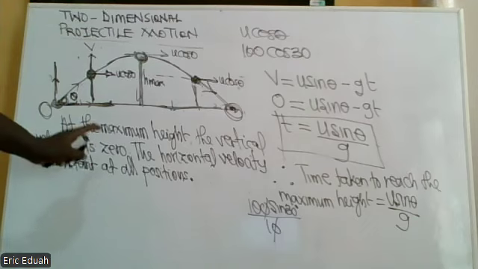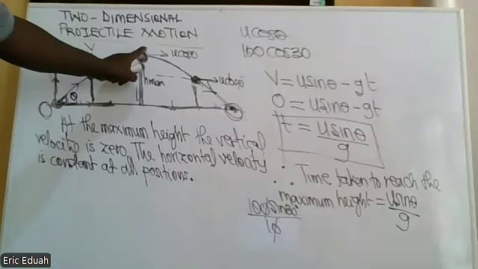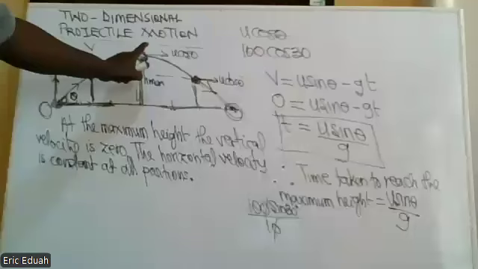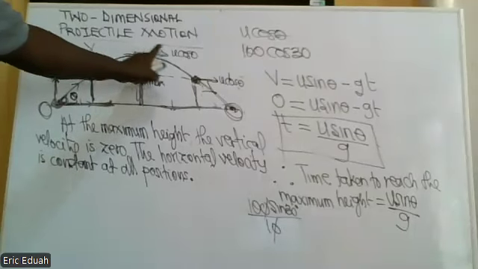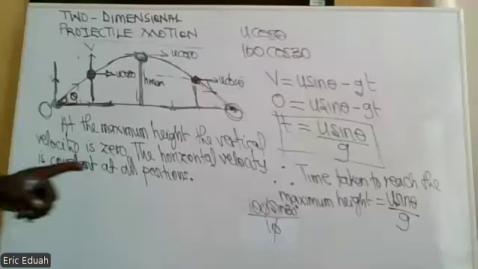If it's taking the projectile 5 seconds to move from the ground to the maximum height, what time will it take to move from the maximum height back to the ground? 5 seconds.